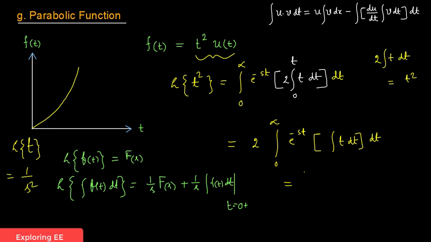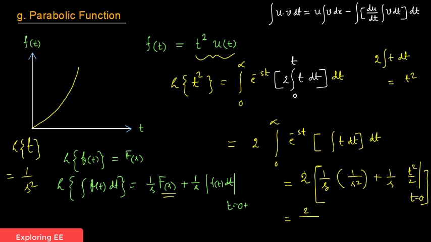So it will be twice of, so F(s) is 1 by s square here. So 1 by s times F(s) is 1 by s square plus 1 by s times the integration of f(t) dt. The integration of f(t) dt is t square by 2 at t equal to 0, which is coming out to be 0. So finally we can write it down, it is 2 by s cube.